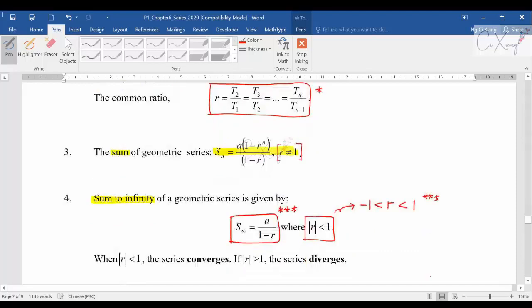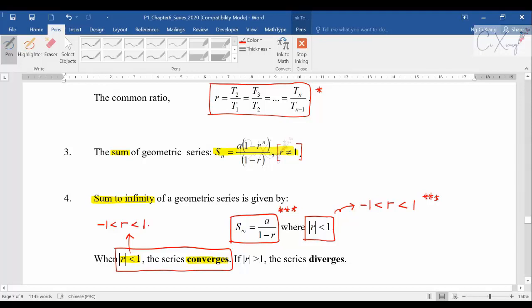Alright, so please make sure that you take note of this part. Then after that, you need to know also that when your modulus is smaller than 1, we call the geometric series a converge or convergent series. So please make sure you remember this term. When you see the word converge, it also tells you that the modulus is smaller than 1, which means R is between -1 and 1.